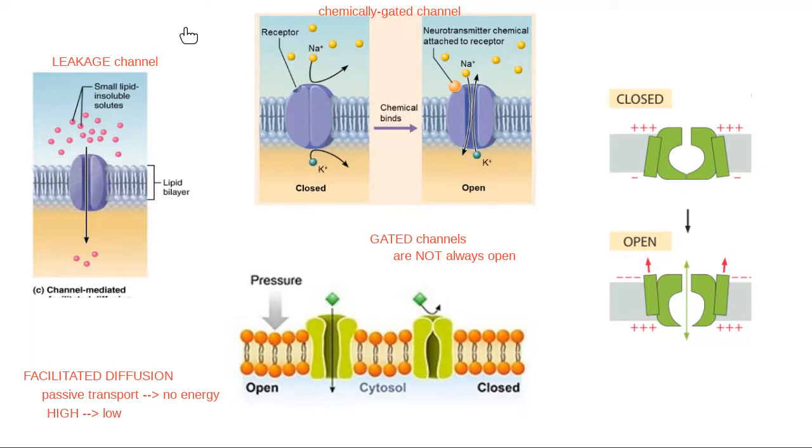When I look over here on the right side of my image, notice that this channel protein is closed. Here's my gate. The gate is closed when there's a negative charge inside and a positive charge outside. When it becomes positive on the inside, my inner membrane, that gate opens up.